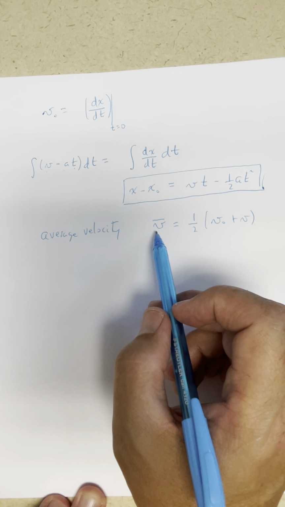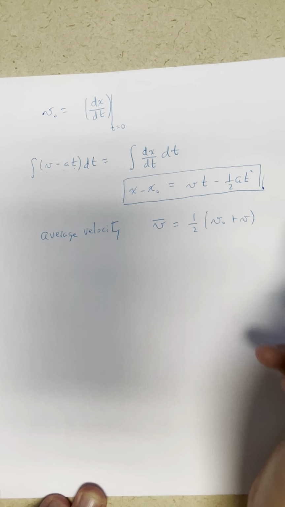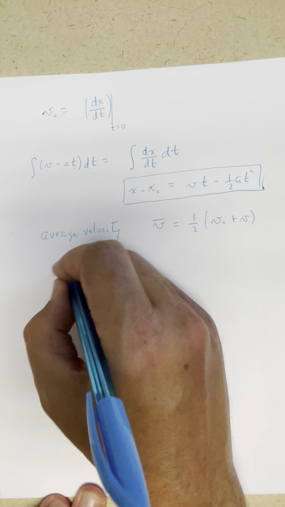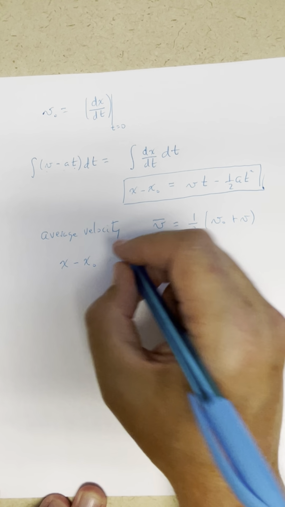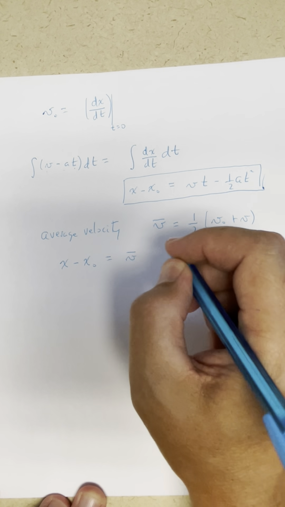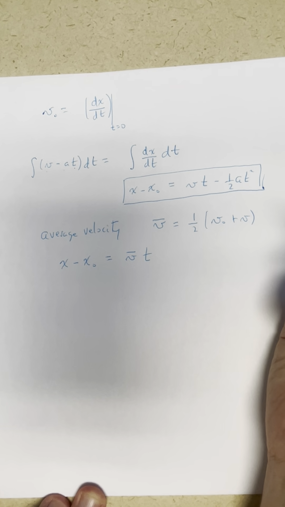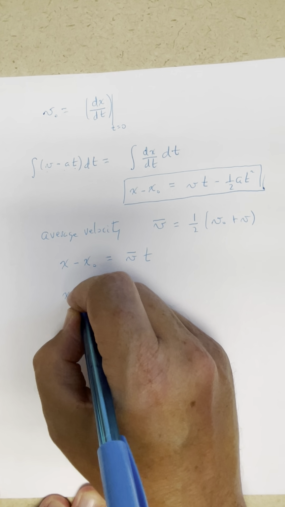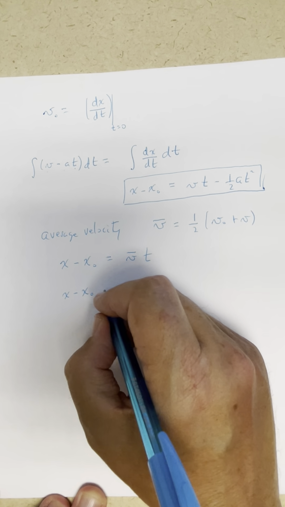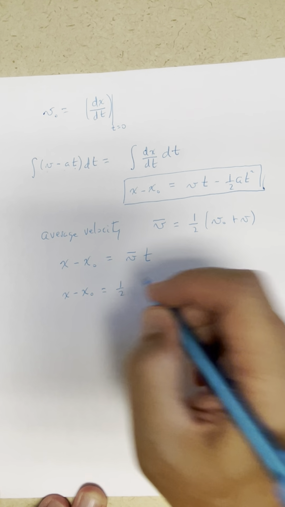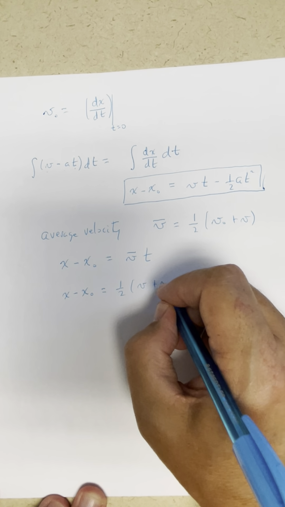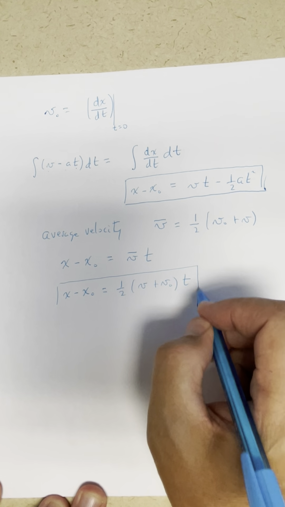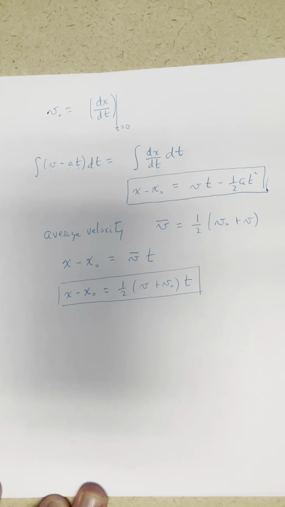And moving at the average velocity, I move the total distance in the total time. So in terms of average velocity, I can say x minus x0 is the average velocity times time. Substituting what that is, we have another equation of kinematics. X minus x0 is a half v plus v0 times time. And this is just the displacement in terms of the average velocity.